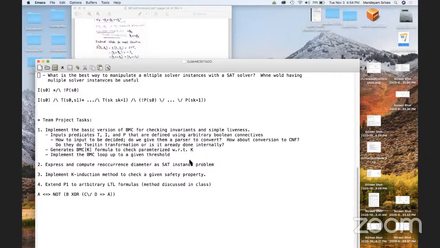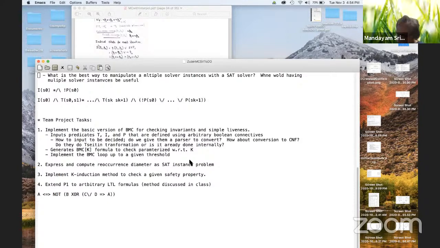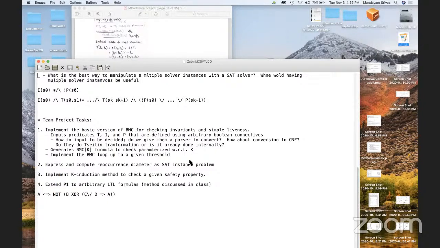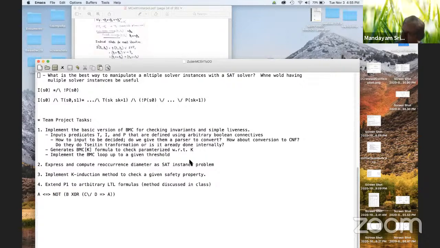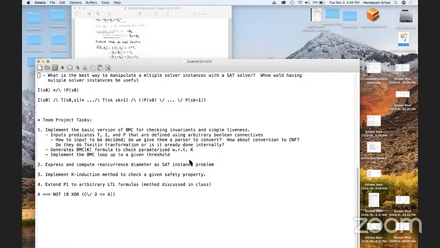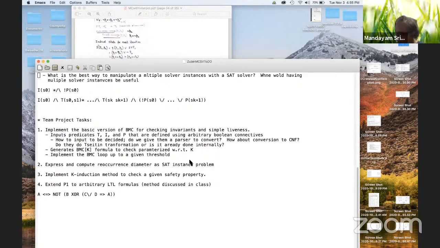So AF of EF of P, then it's the negation of EG of the negation of EF, that is, EF of AG of not P. That's what you'll find a witness for. So I'm talking about finding a witness to EF of AG of not P. Assuming that you have a witness for AG of not P, which you've already done.